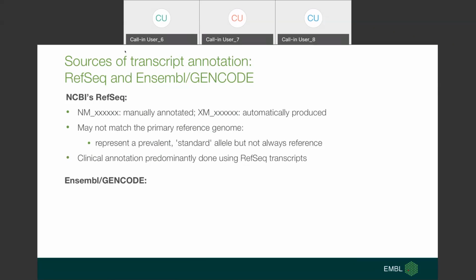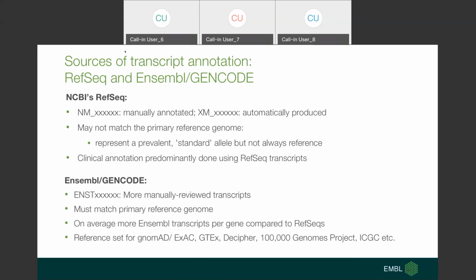And I'm sure you are very aware that clinical annotation is predominantly done using these RefSeq transcripts. Now, the Ensembl GENCODE set, those are the ENSTs, and they are more manually reviewed compared to the RefSeq set. They must match the primary reference genome. On average, they're more in-depth, in that there are more Ensembl transcripts per gene compared to RefSeq.